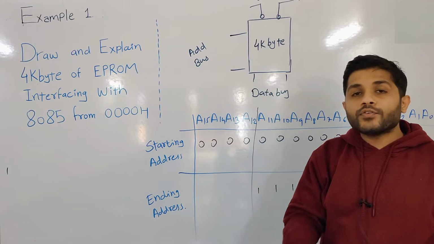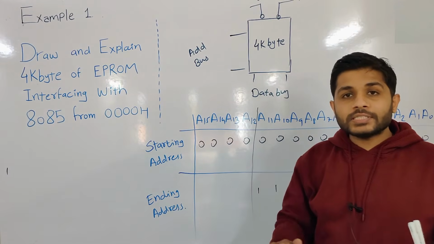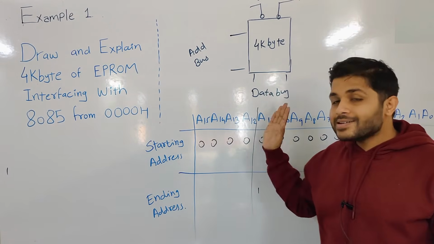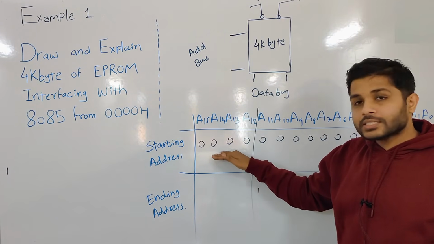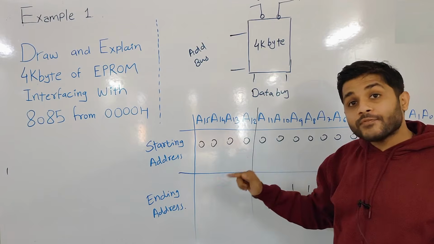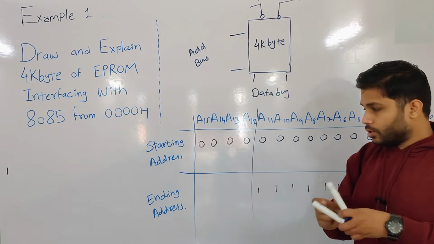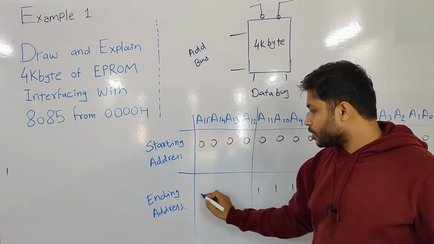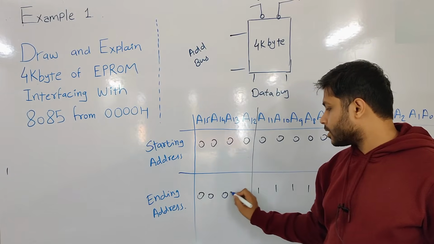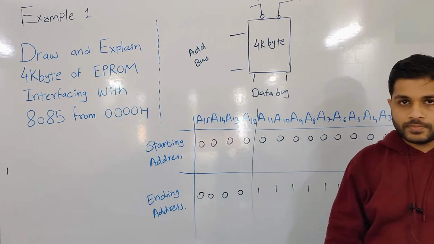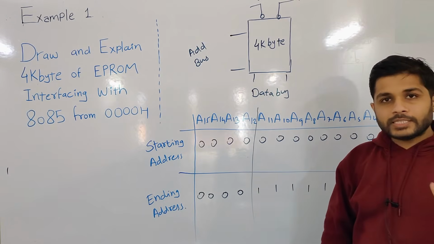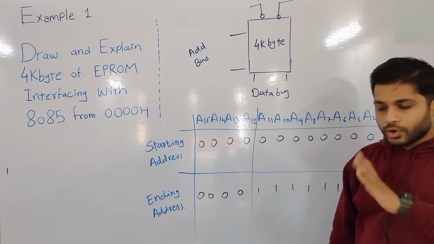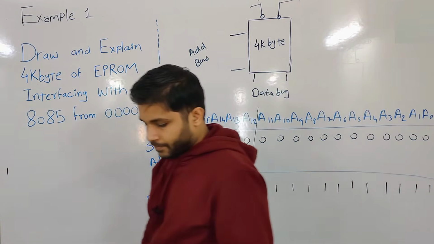For any chip, the value in the remaining address lines at the starting address should be the same at the ending address. So for the starting address it is 0000, and for the ending address it will also be 0000. Okay, so now the second step is completed, which is to draw a memory map.